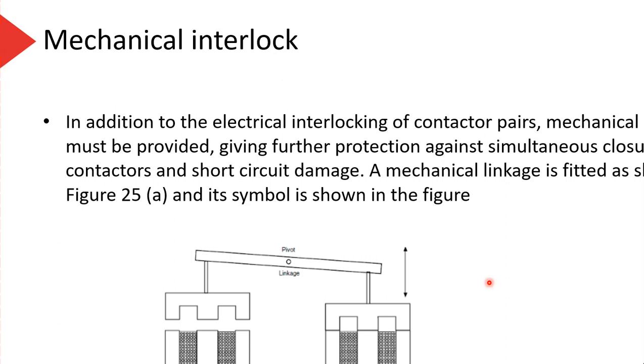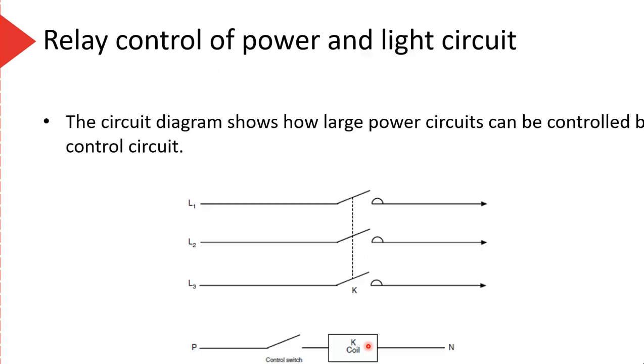The physical contacts are linked together, so if I close one, I cannot close the other. As soon as I close one, it's physically going to open the other. You look at the diagram there and you'll see when this one's open, this one must be closed, and vice versa. So they're mechanically interlocked, which means that there is a physical connection rather than an electrical connection stopping that from happening.